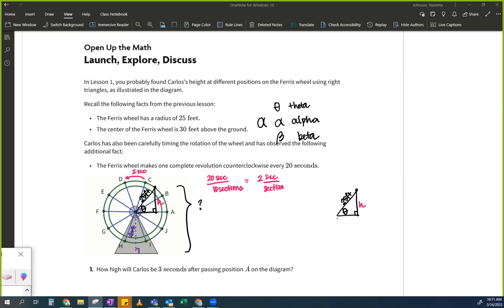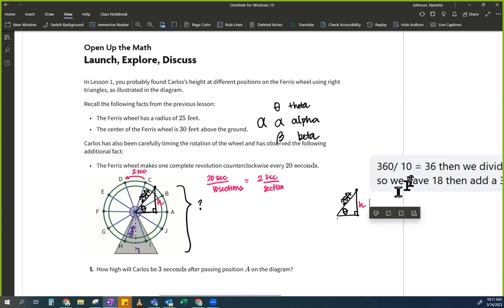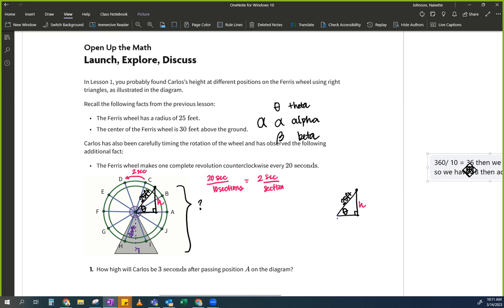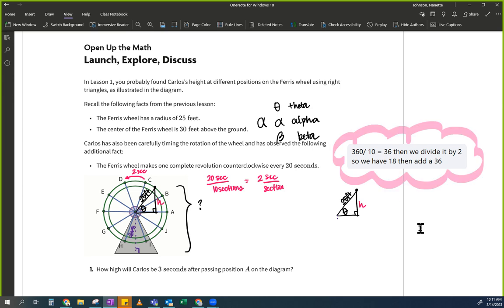If this is the part that's going to make you confused, I would put this in a bubble. When Ms. Johnson took notes as a college student, not as a high school student, because as a high school student, I'm going to be honest, I didn't really know how to take notes. If this is the part that caused you to say, what the heck are you talking about, put a little bubble around him so that in your notes you have attention on him.